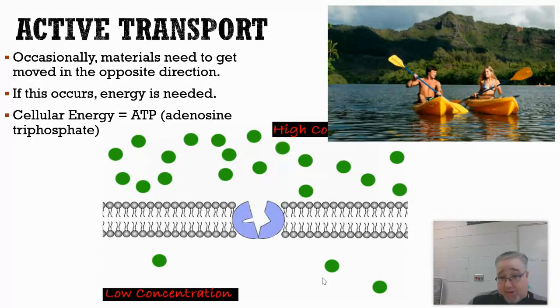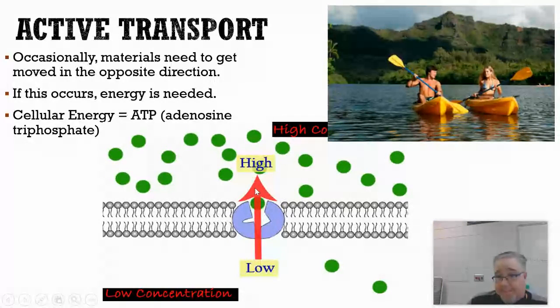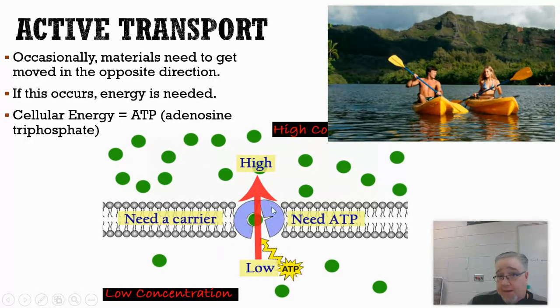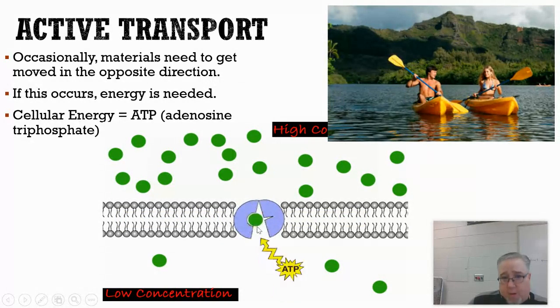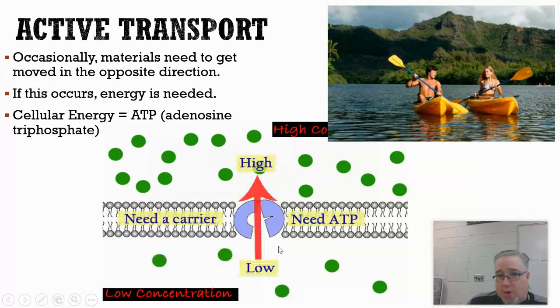Okay, it has to. This is like moving upstream, moving against the current, because normally those molecules are moving from high to low. But again, if the cell needs to bring more in, it's going to have to use ATP and exert that energy. And most of the time this happens with some kind of a channel protein.